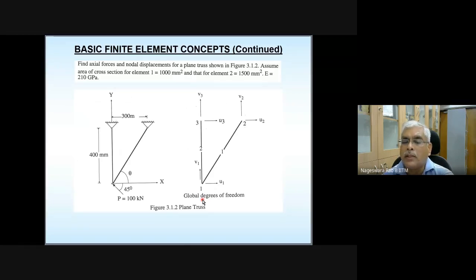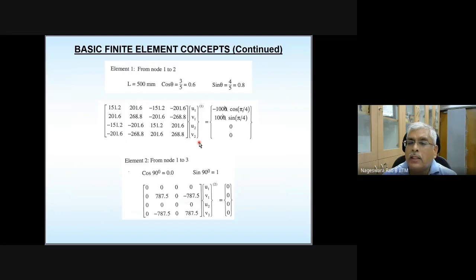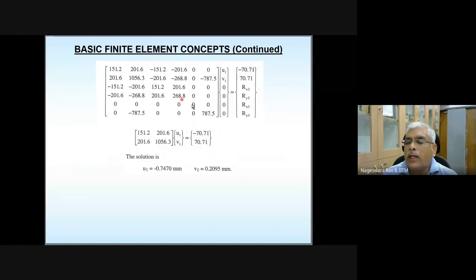Now if I have, let's say, 10 nodes in a particular structural system, then I'm going to get a 20 by 20 equation system.